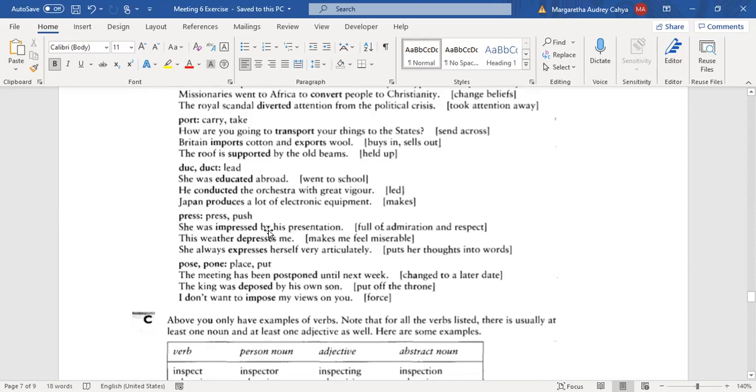And she was impressed, push, okay. She was impressed by her presentation. The weather depresses me. She always expresses herself very articulately. Press, push. Impressed.